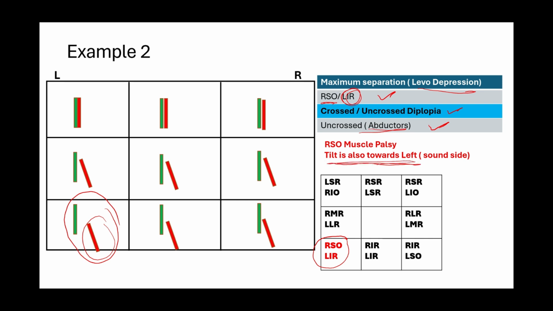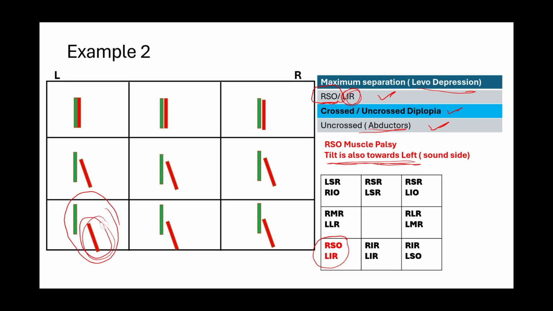whether we have made the correct diagnosis. So what did we learn earlier? If the tilt is towards the sound side, then it is a superior muscle palsy. That is, the superiors will cause tilt towards the sound side. Now we have come to the conclusion that right superior oblique is the palsied muscle. So let's see whether the tilt is towards the sound side, which is the left.